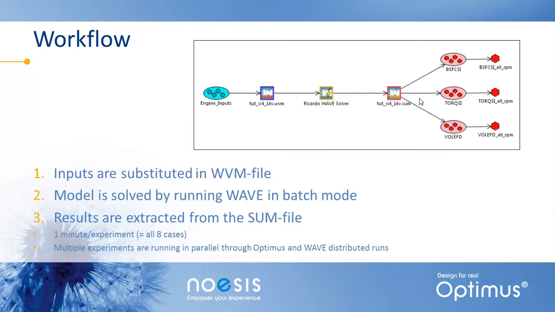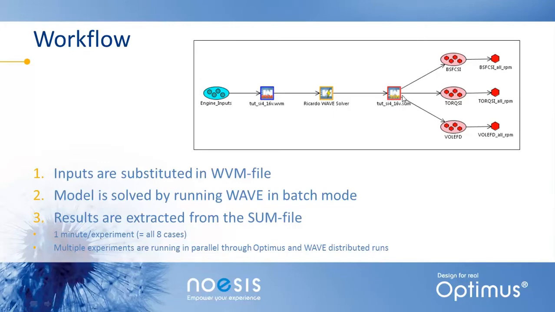Once this workflow is set up, the following principle will occur. Every time Optimus proposes a new design, it substitutes new numerical values for my input parameters in the WVM file. This modified WVM file is then used by the WAVE solver, which is running in a batch mode. At the end, the sum file and the WVD files are produced.